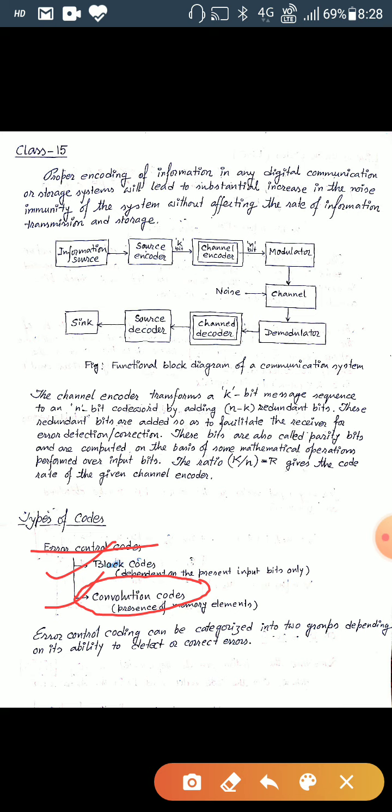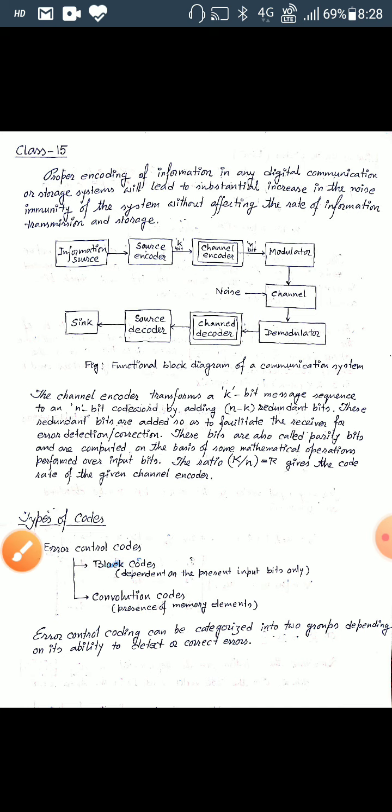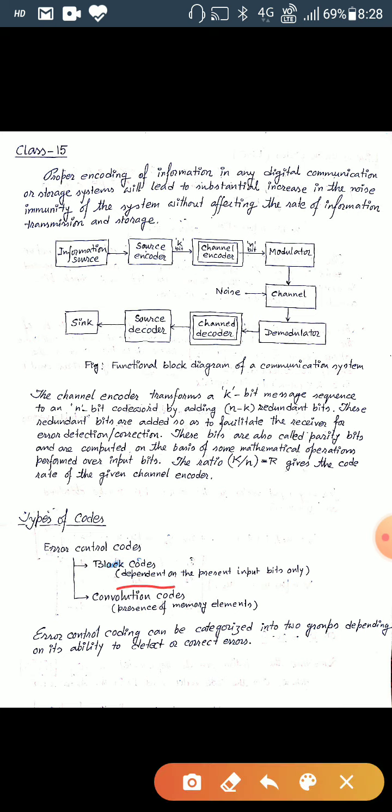Block codes depend only on the present input bits. Again, I repeat that for the block code, it depends only on the present input. For the convolution code, a memory element is present.